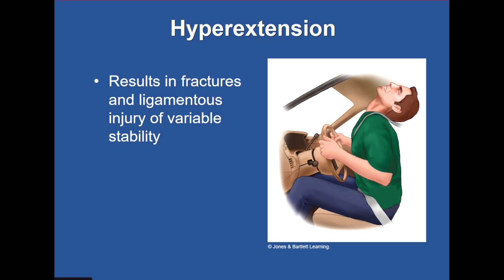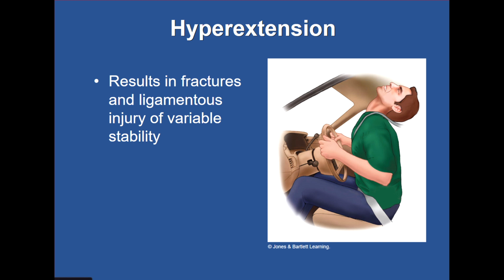Hyperextension, this is why we have headrests on the back of all of our seats. All right, so where the head actually whips back and goes very far back, and you could actually have airway issues with this as well because of all of that force. You can actually damage the trachea in there, and this is very unstable.